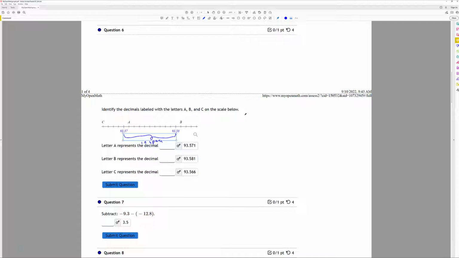Okay, so 93.580 minus 93.570. 0 there. 8 minus 7 is 1. And then I have here 5 minus 5 is 0. And 0 and 0. So this distance here between 93.57 and 93.58 is 0.01.